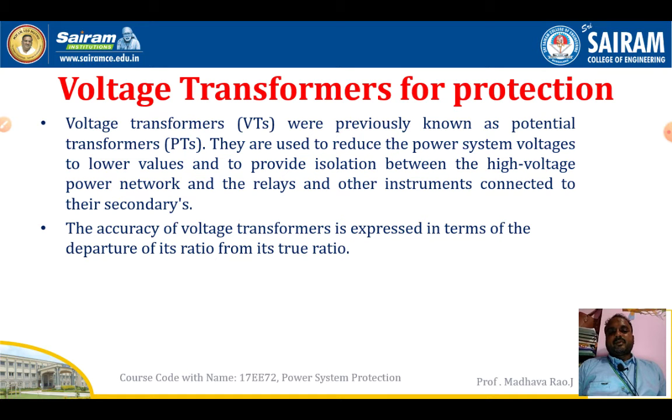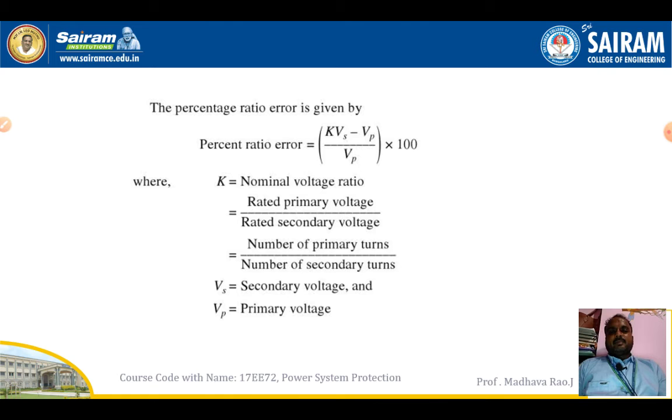The accuracy of voltage transformer is expressed in terms of the departure of its ratio from its due ratio, that is nominal ratio. So voltage transformer accuracy depends on the nominal ratio. How can we calculate the percentage error?